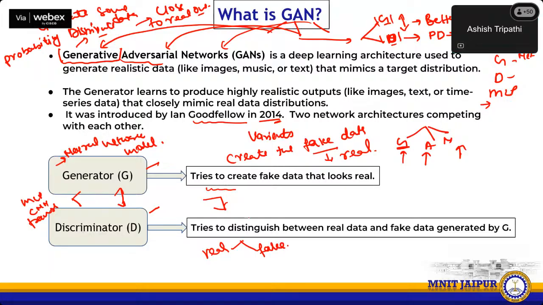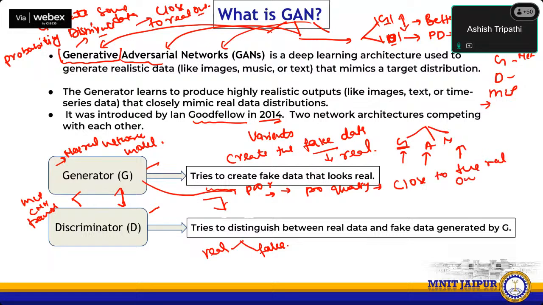So why are things adversarial? Because if the generator is poor, then the task of the discriminator is easy. Why is the task of the discriminator easy? Because if the generator is poor, then it will generate poor quality images, meaning the images will not be close to the real one.